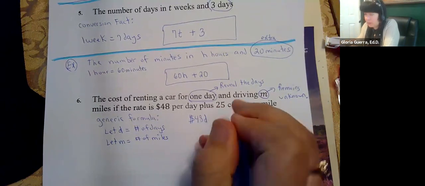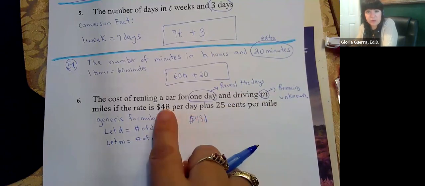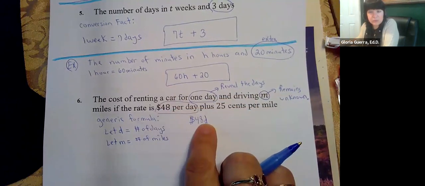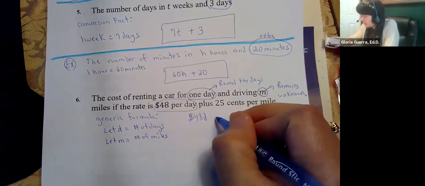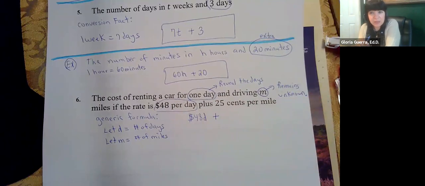So a little generic formula could look like this. 48D: for each day is going to be 48 times D. So $48 per day, the per is like the times per day. And then plus. You see they didn't use "and," they used plus.